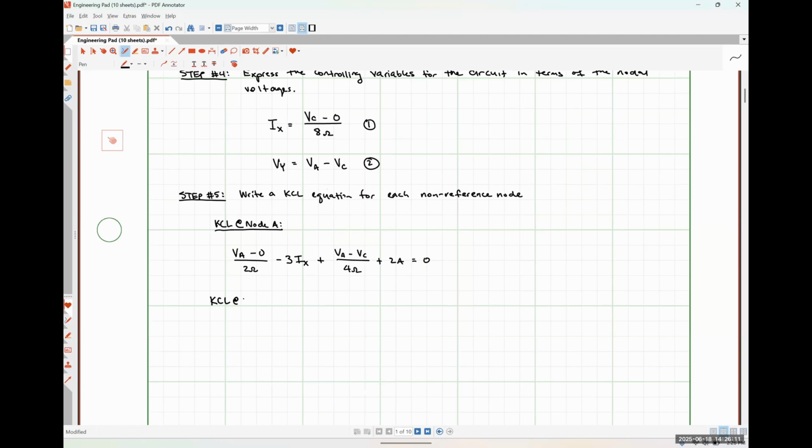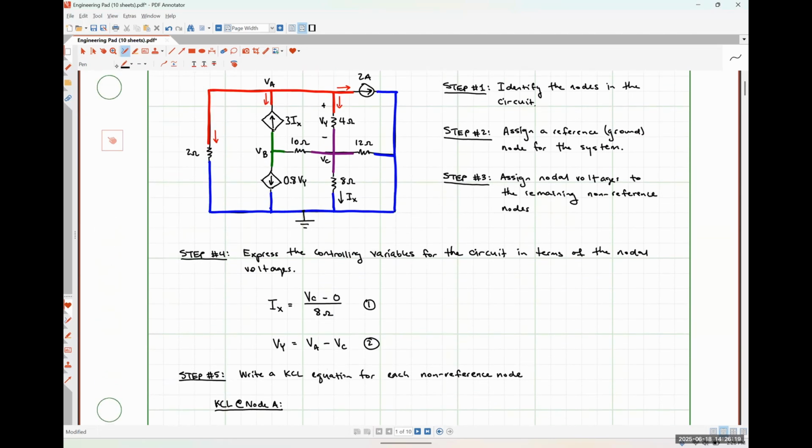So KCL at node B. So I'm going to be adding this current that's flowing up through that dependent source, plus this current flowing to the right through the 10 ohm resistor, plus this current flowing down through the second dependent source together, and setting them equal to 0.